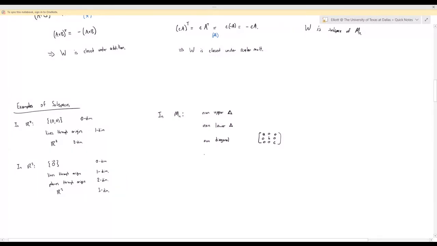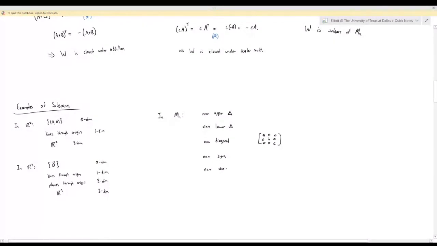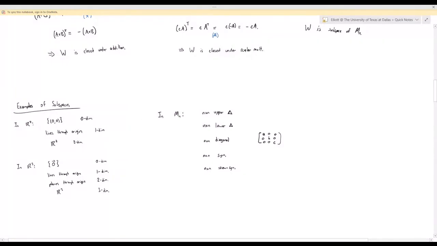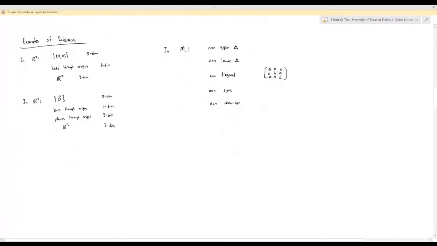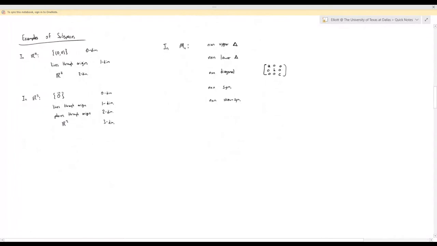We already mentioned skew symmetric matrices, and I also mentioned that it holds for n by n symmetric. So those are some of the examples of subspaces. There are more, of course, but these are the ones that I'll highlight.